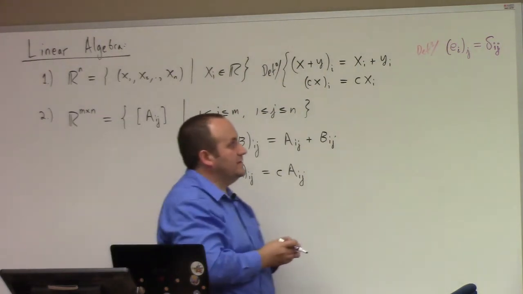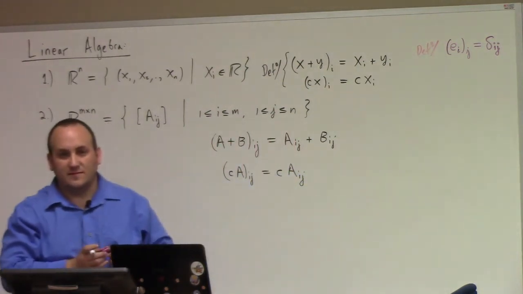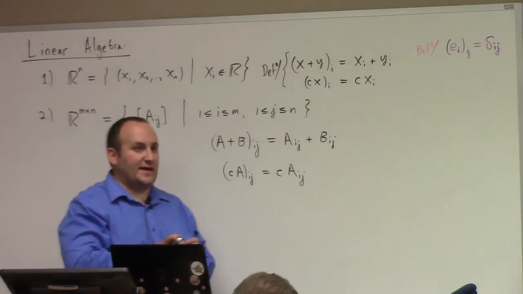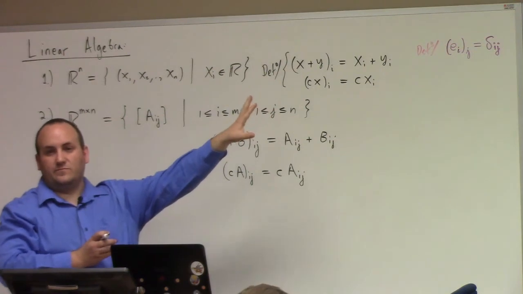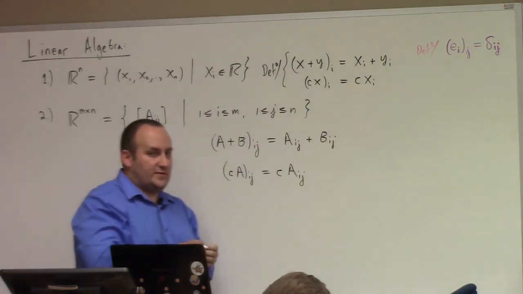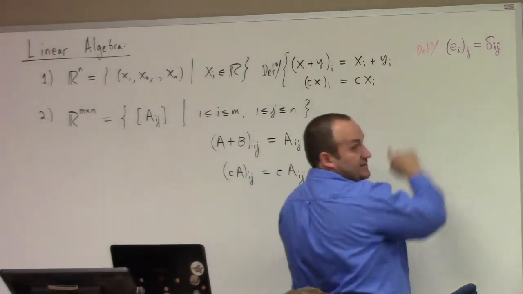It's kind of like the Dirac delta function for you, Travis. In fact, the Dirac delta function is named that because it's like that. This is historically before the Dirac delta function, and it's why the Dirac delta function is called what it is. Same idea. But this is finite.